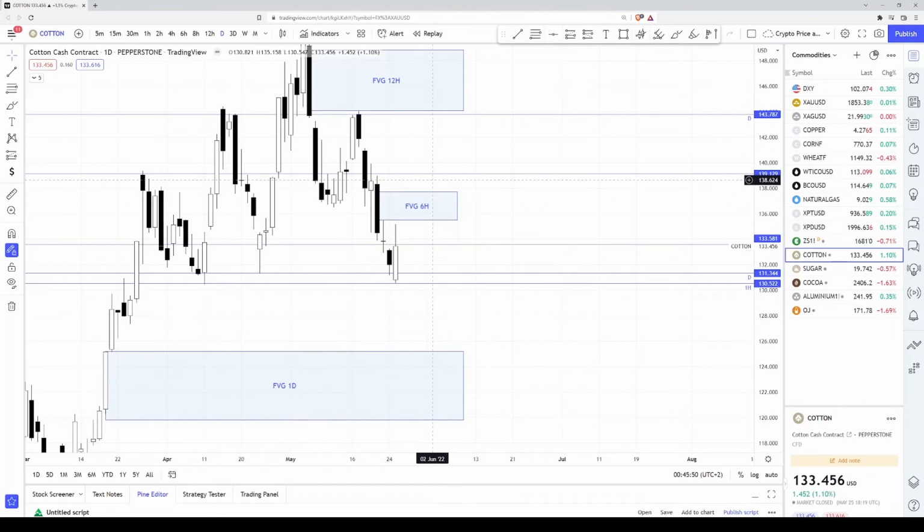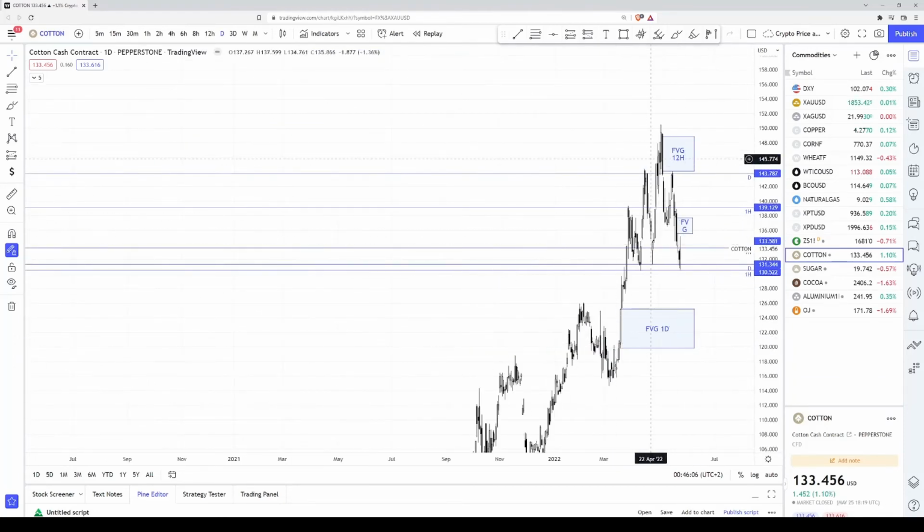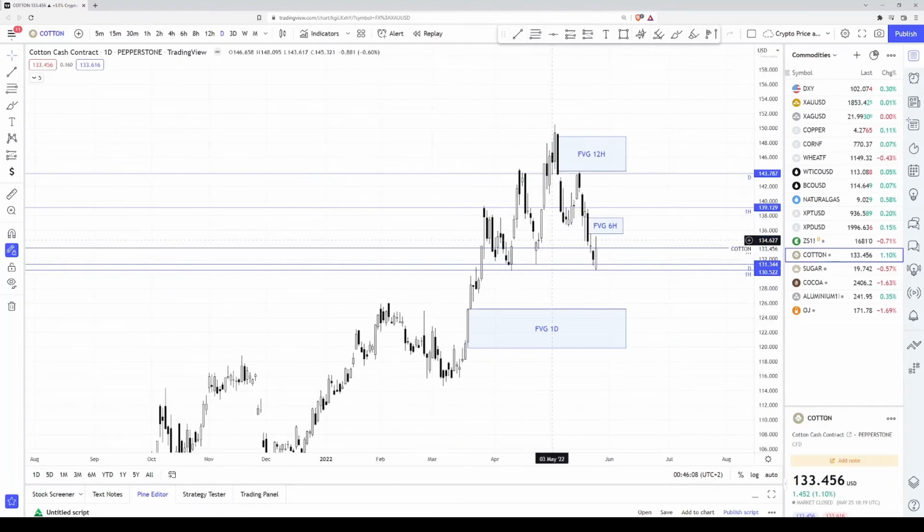Also on the fair value gap here, there was no volume imbalance, otherwise I might have looked for a potential long until that point, or for a short after reaching this point, but it wasn't. And again, it's not a range, so not an interesting commodity, not yet at least.